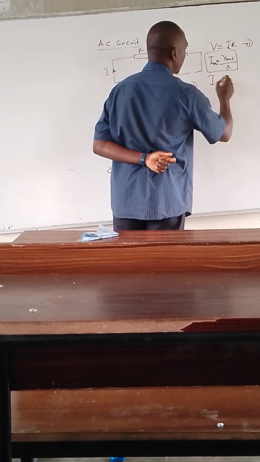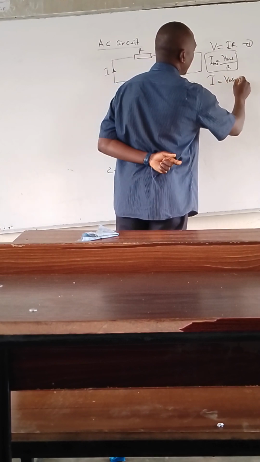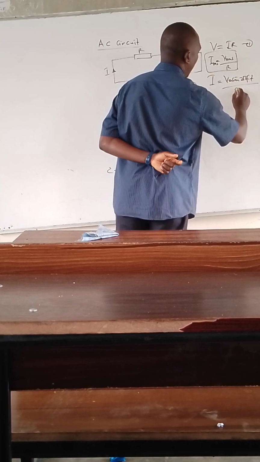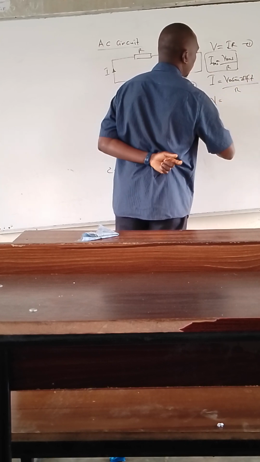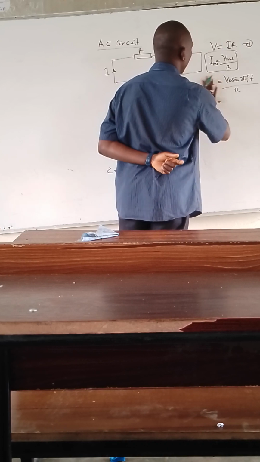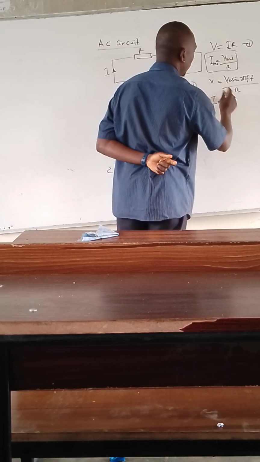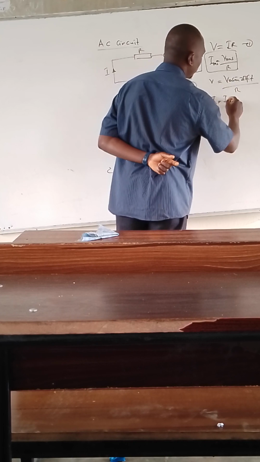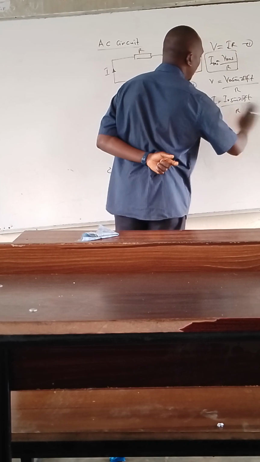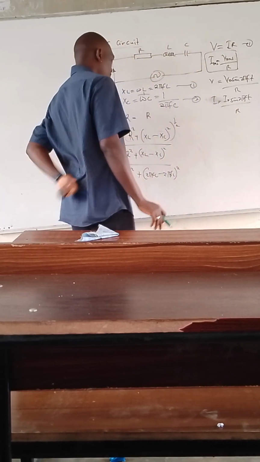I root mean square is the same thing as V naught sine 2 pi F T all over R. This is for V, sorry. Then this can also be I naught sine 2 pi F T all over R, as the case may be.